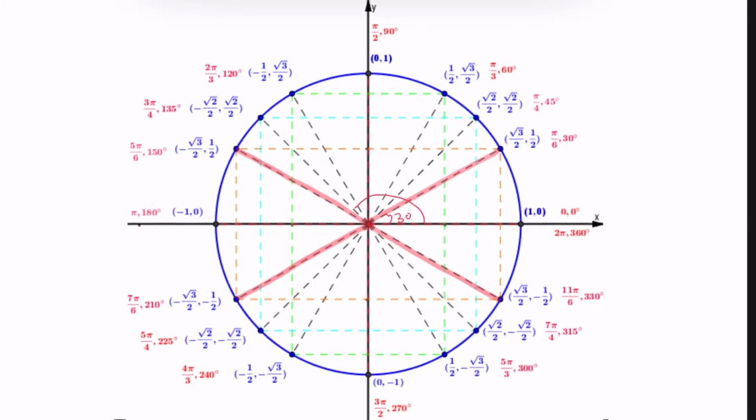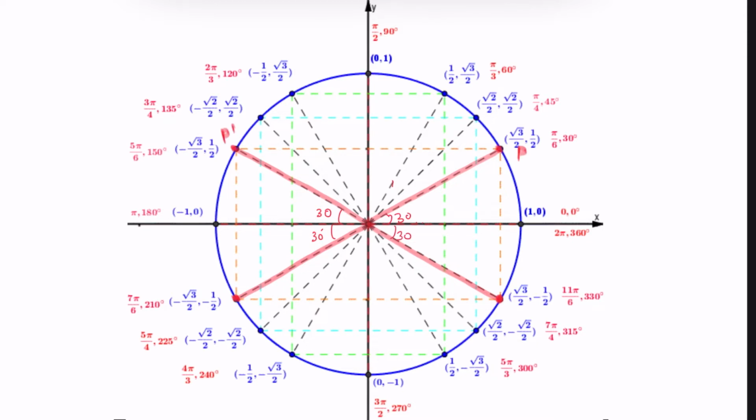For 150 degrees, the reference angle is 30. This angle is 210 degrees and its reference angle is 30 degrees. Reference angle is the angle which the terminal side of the angle makes with the nearer x-axis. And this angle is 330 degrees and its reference angle is 30 degrees.